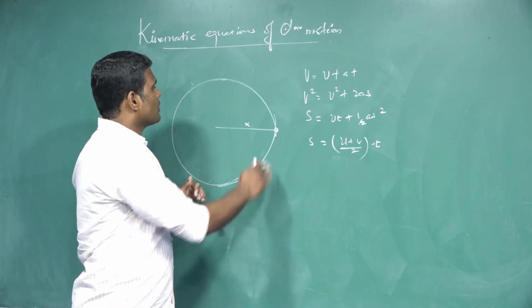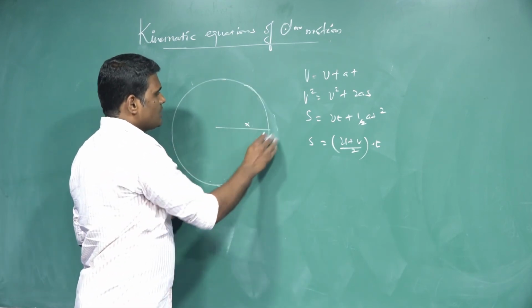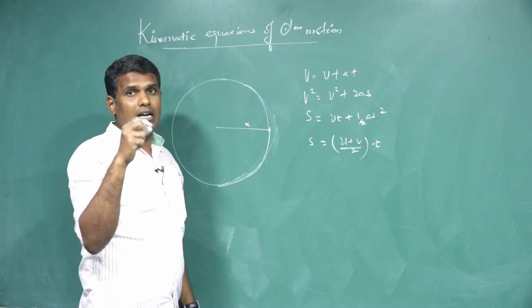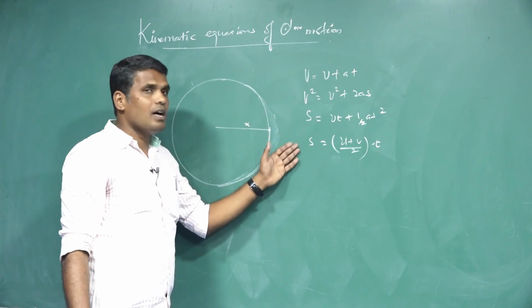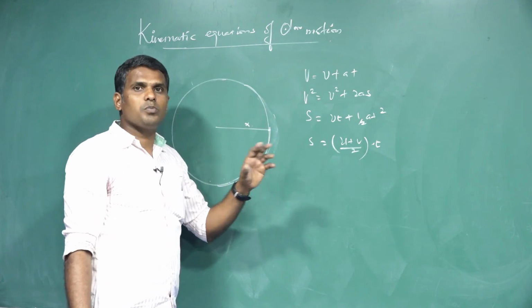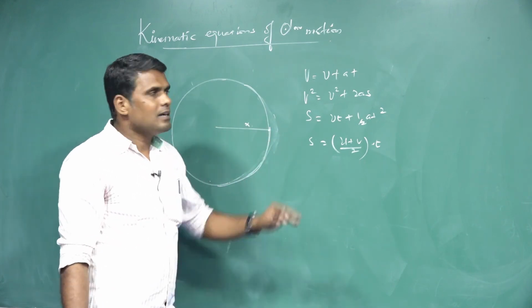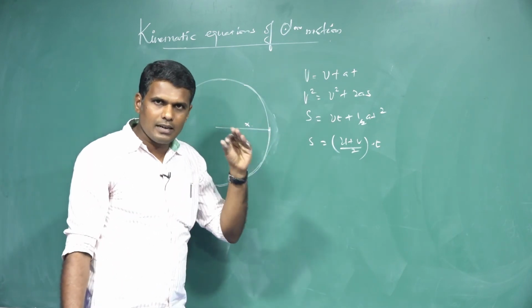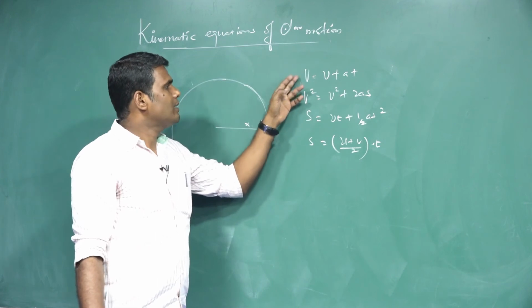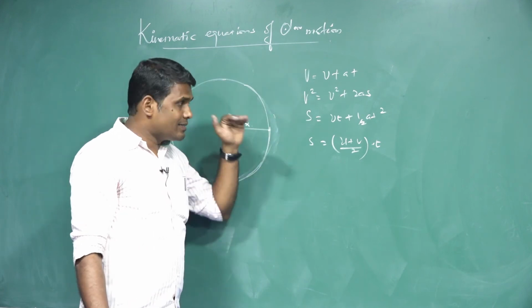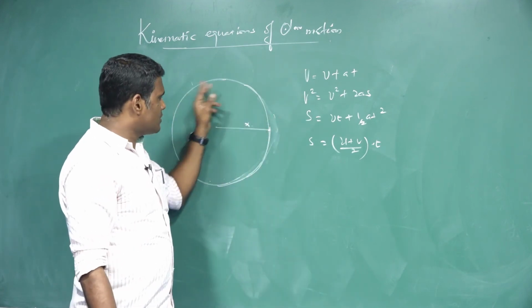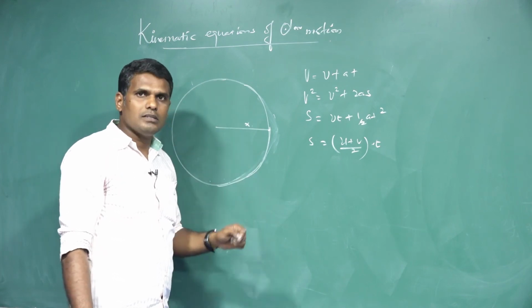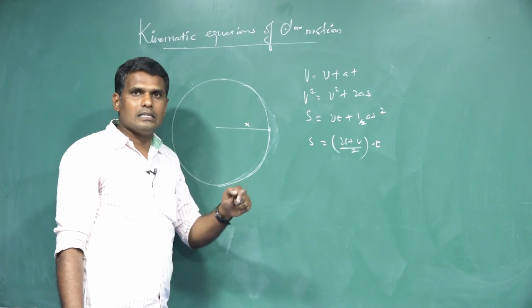Here we are speaking about circular motion. If the object is describing a circular motion with a constant angular acceleration alpha. Actually, these equations are applicable only when the object possesses a constant linear acceleration. If the object possesses constant linear acceleration, then these equations are valid. In the same way, if the object is describing a circular path, then it has to possess a constant angular acceleration.